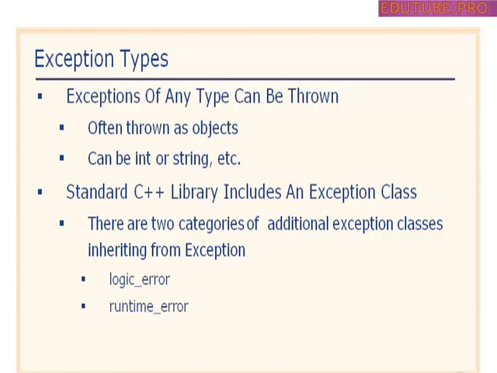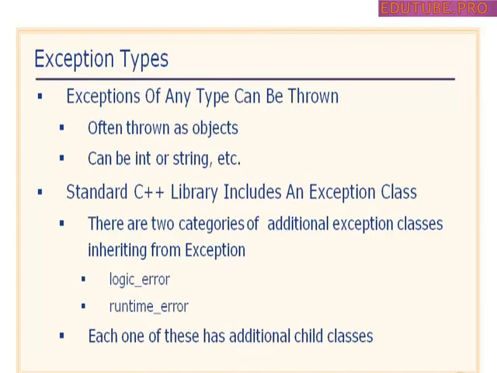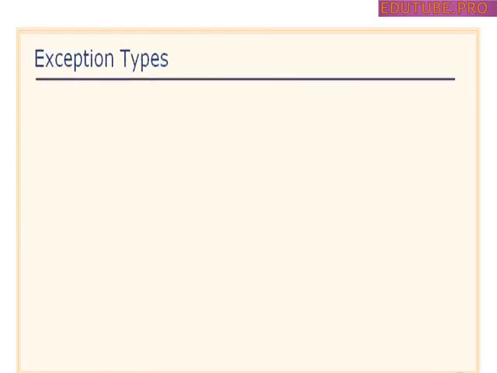So we're basically dividing our exceptions, and each one of these exception classes has additional child classes, and you can use these to look for certain errors, and you can catch certain types of errors. We've got the original parent of everybody, the exception class, and then we can get more specific and look for certain errors.